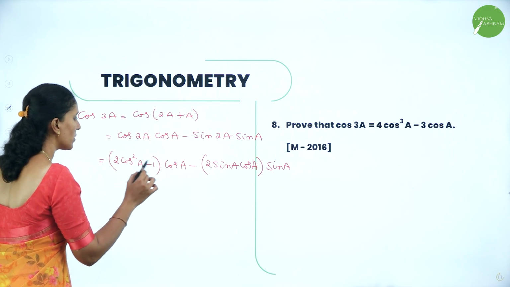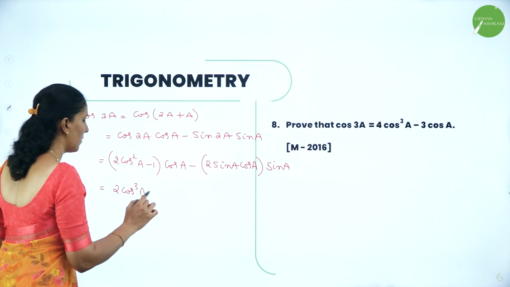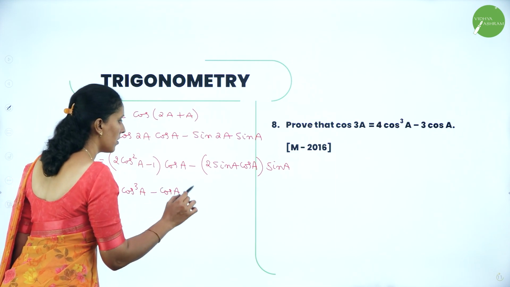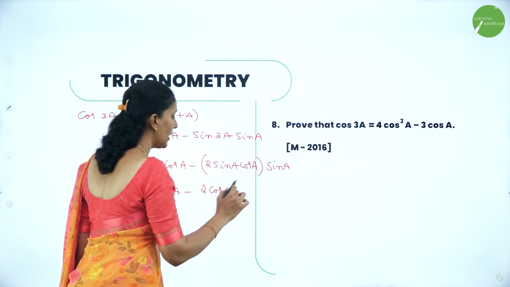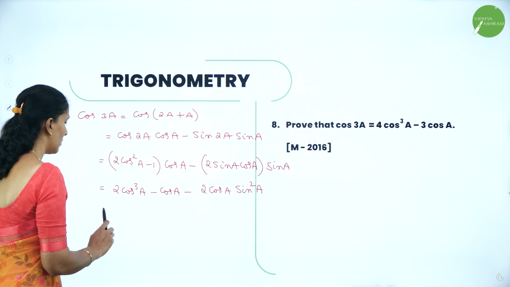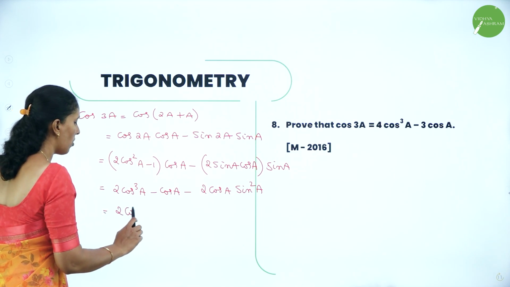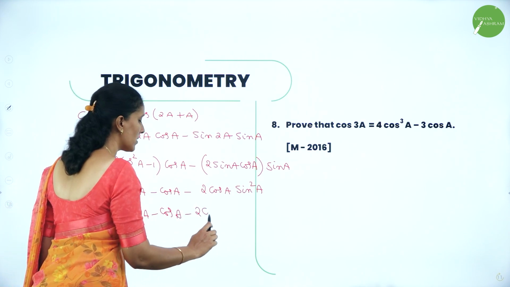So now here 2 cos square a into cos a becomes 2 cos cube a minus cos a minus 2 cos a. Sin a into sin a becomes sin square a. So this is equal to 2 cos cube a minus cos a minus 2 cos a sin square a.